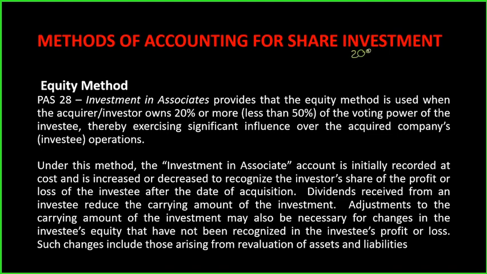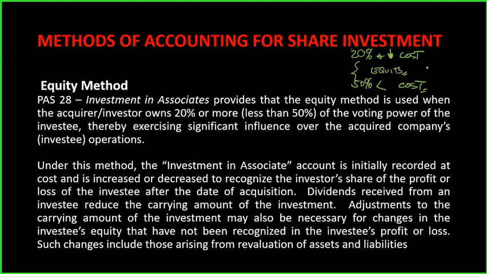If your investment is 20% and below, you will be using cost method. And then, if it's more than 50%, you're going to use cost method again because for consolidation purposes. Now, between 20% and 50%, you're going to use equity.